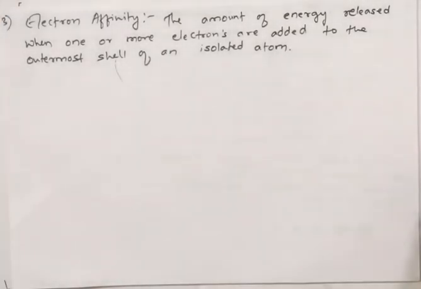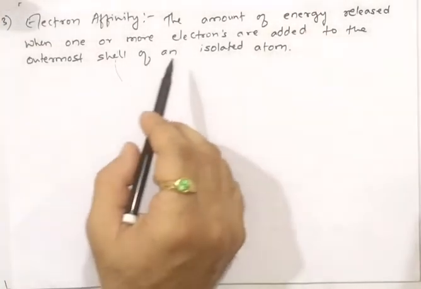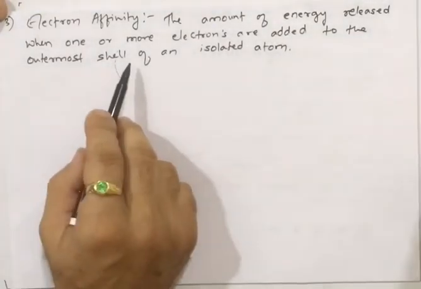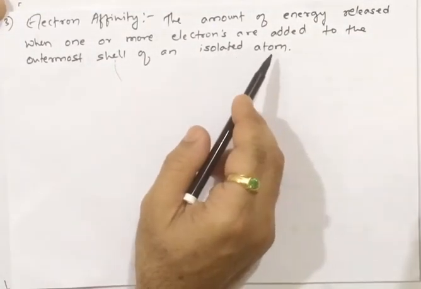The amount of energy released when one or more electrons are added to the outermost shell of an isolated atom.